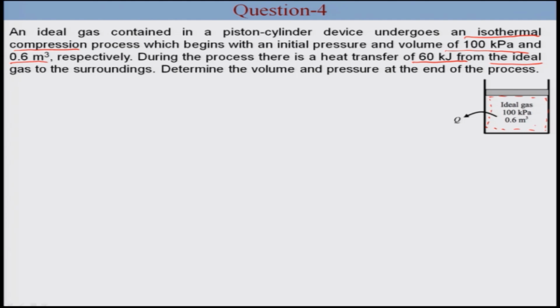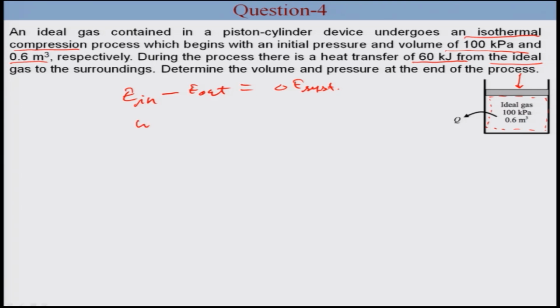Since this is a closed system, because there is no mass crossing the boundary of the system, the energy balance will be total energy in minus total energy out equal to change in total energy of the system. Energy in will be from the work done by this piston on the cylinder.